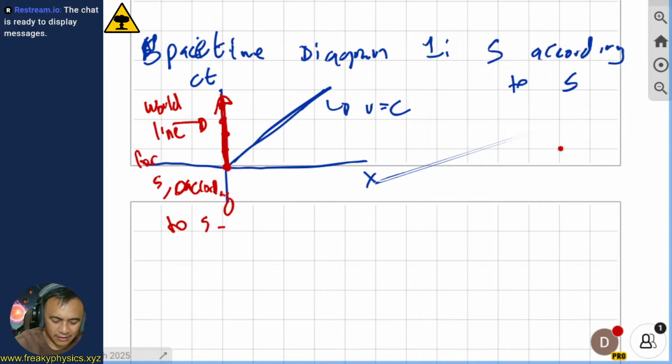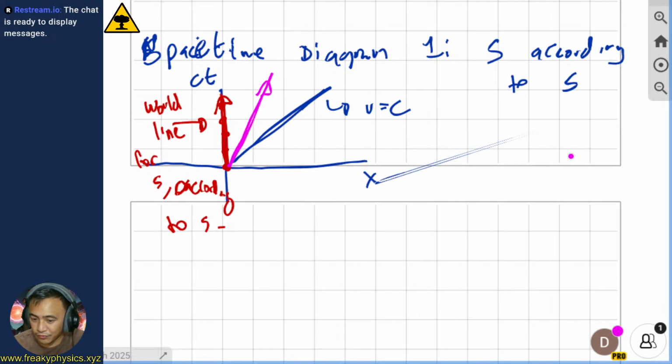Now I'm going to draw another possible world line. Think about it this way. Is it possible for this world line to exist? A world line is only traveling through time? No. A world line has to travel through both space and time.